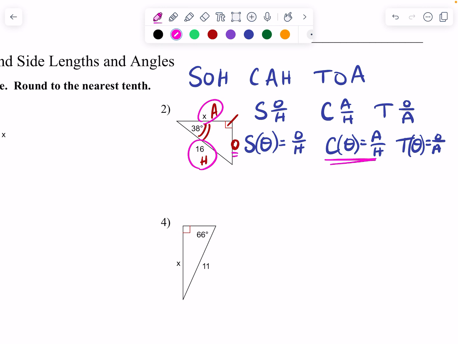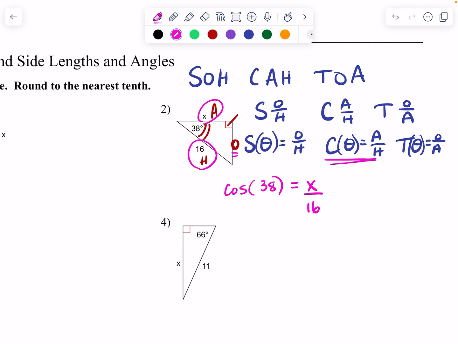Following this basic setup, I'm going to do the cosine of 38 equals adjacent over hypotenuse, which is X over 16. The thing I want to remind you of is from a previous unit.